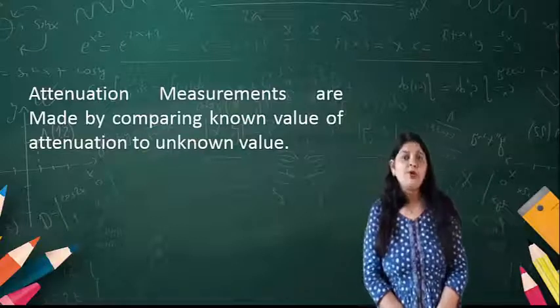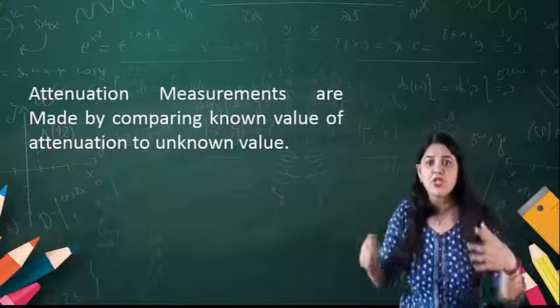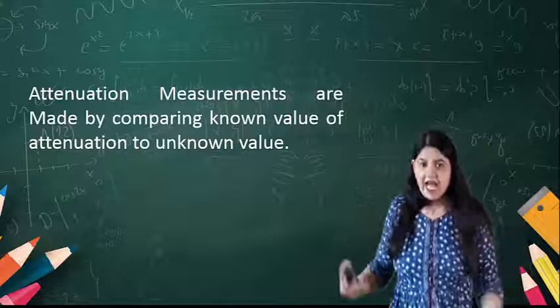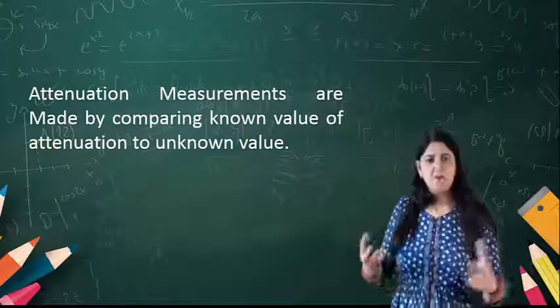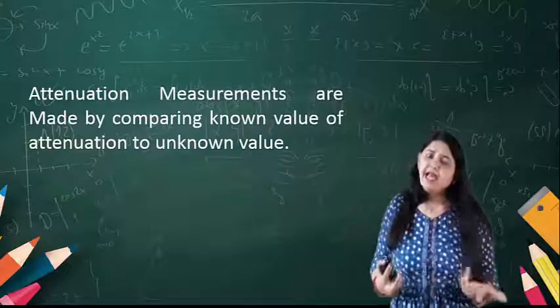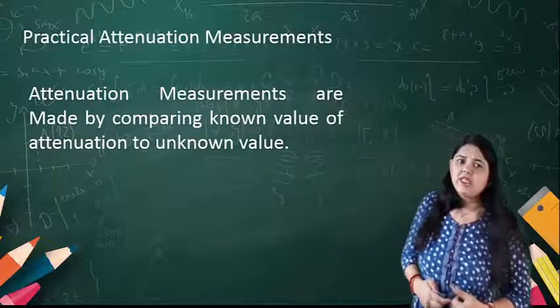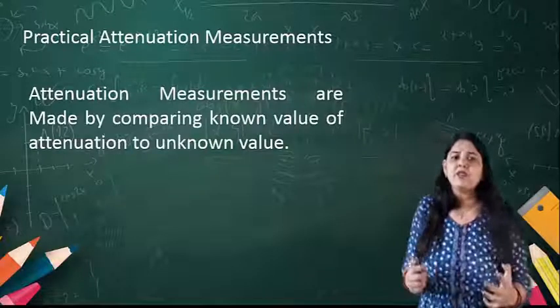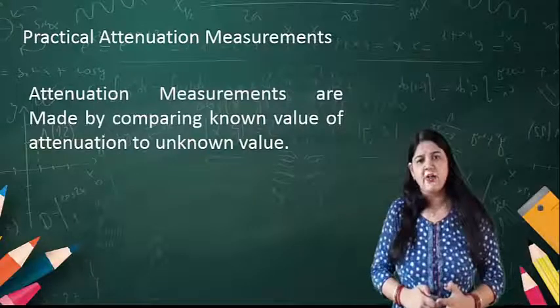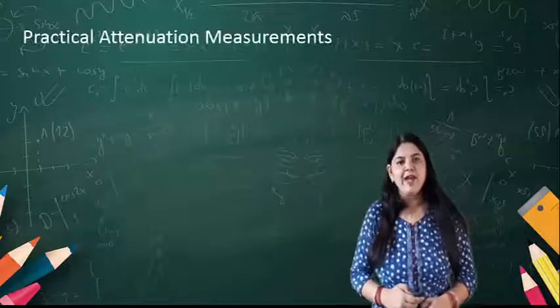Whenever you want to measure the attenuation, you need a known value to compare with the unknown value, and with that we can find it out. So attenuation measurements are made by comparing the known value of attenuation to the unknown value.